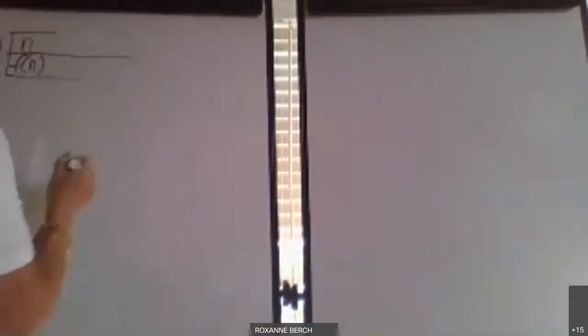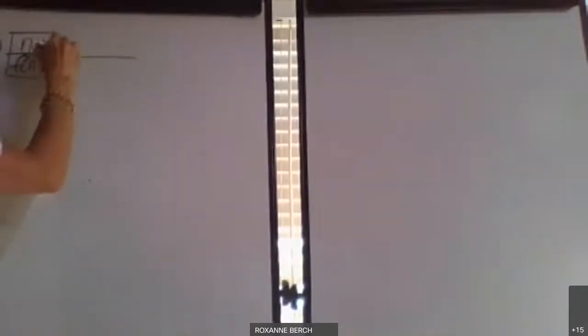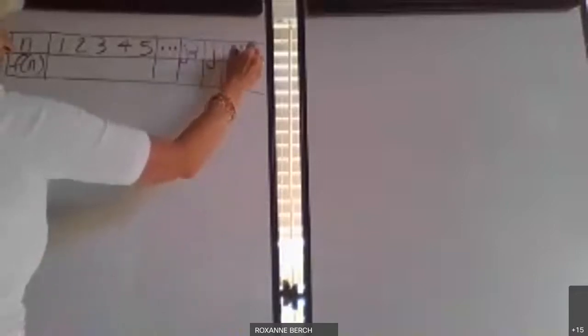Let's look. X and Y. 2, 3, 4, 5. Dot, dot, dot. So that means it goes forever up until j minus 1, j, dot, dot, dot.